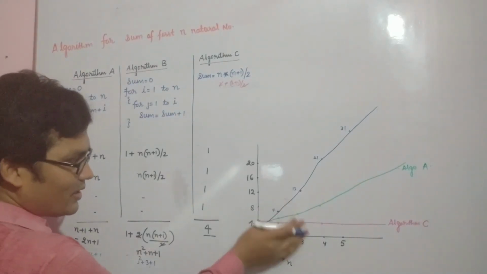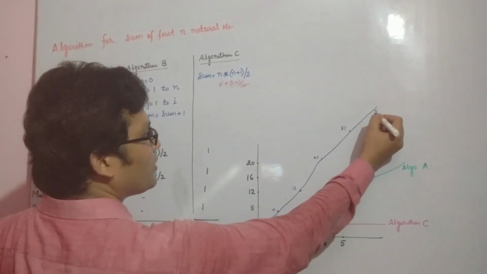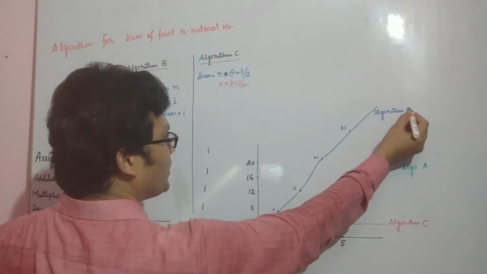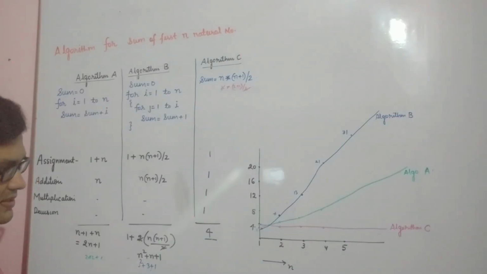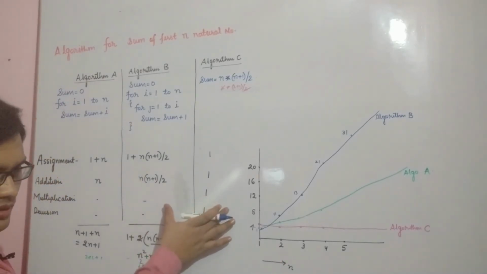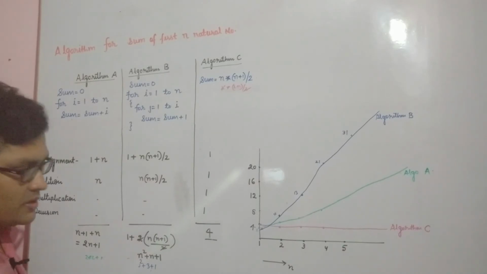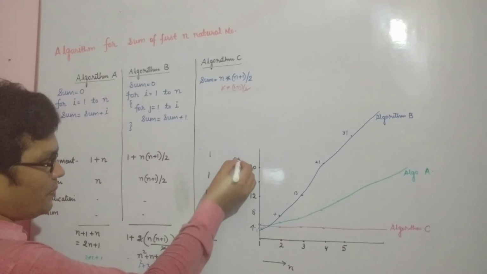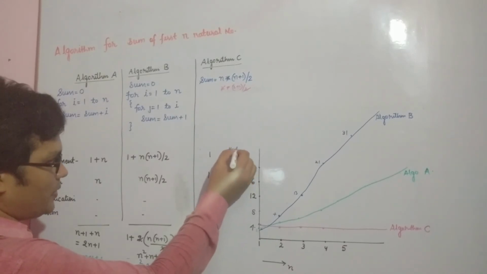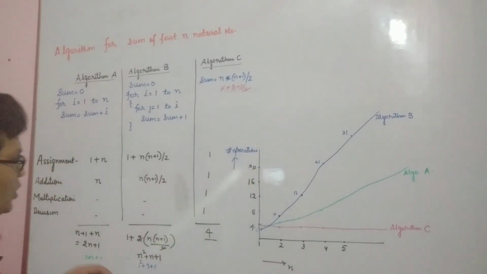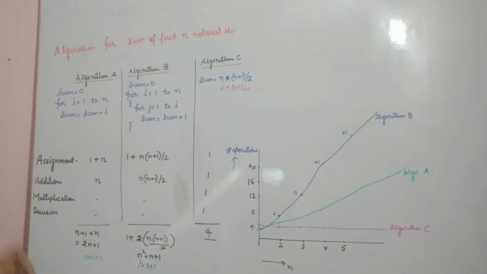So this is the graph for algorithm B. So this is the graph for these three algorithms on the basis of two parameters: number of inputs and number of operations. And operations include assignments, addition, multiplication and division, right?